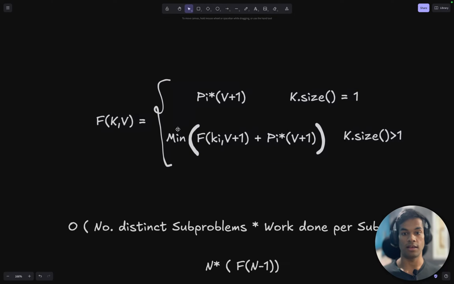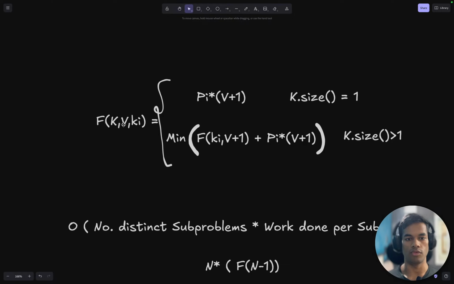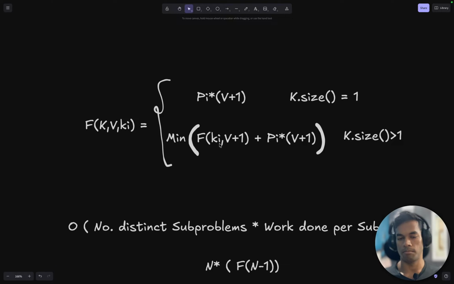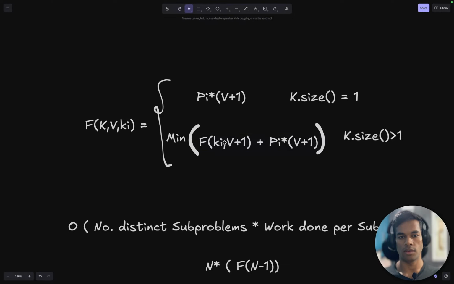And if this is the case, then we will also need additional information here. We would need ki, some key, which we chose as the root earlier. Yep, that is what we will choose. And this function will take some implementation changes because the next input that we give to this function will depend on this key that we just got.